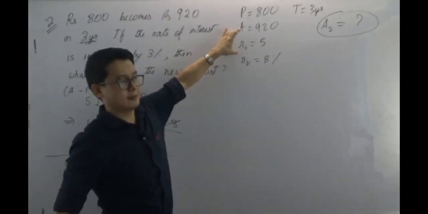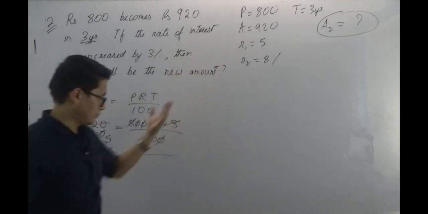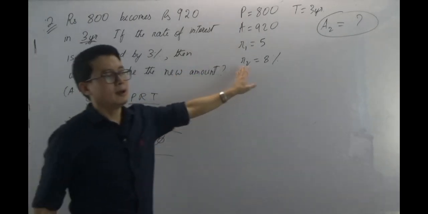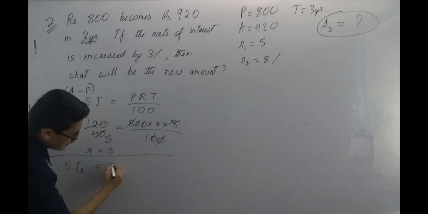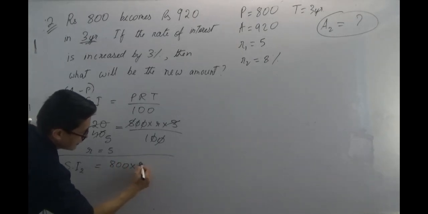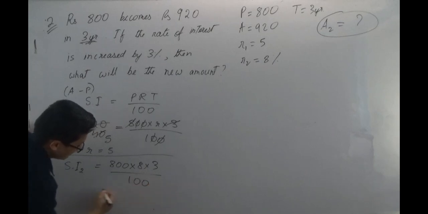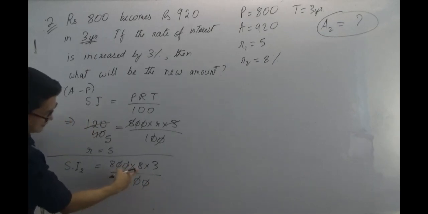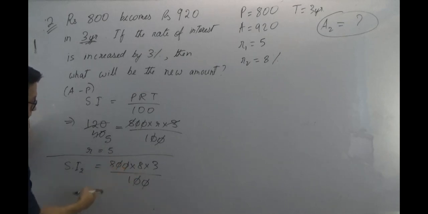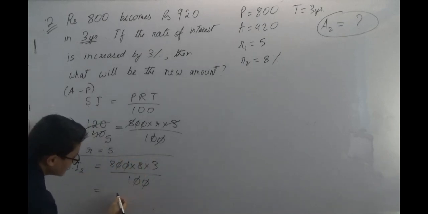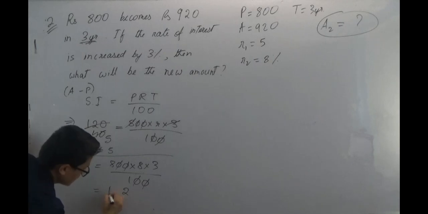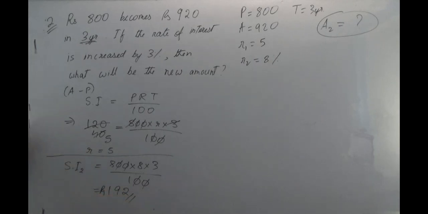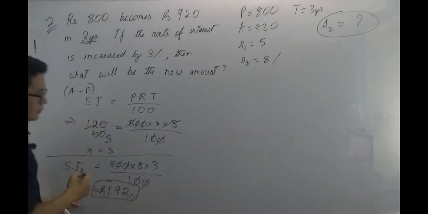Now by the formula PRT by 100: 800 into 8 into time 3, divided by 100. 8 threes are 24, 8 eights are 64, into 3 gives 192. So the new total interest is 192.